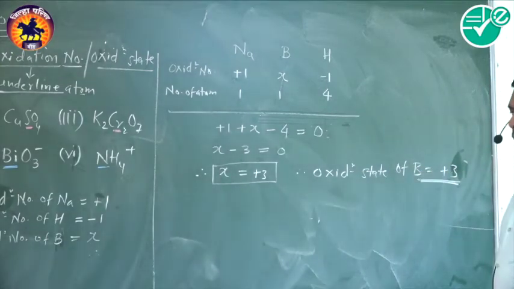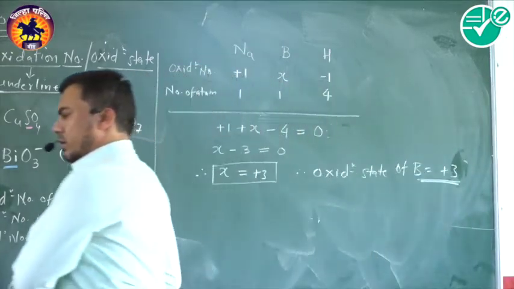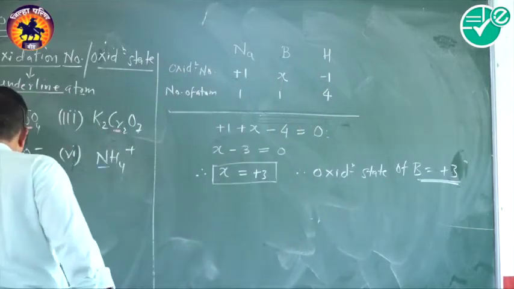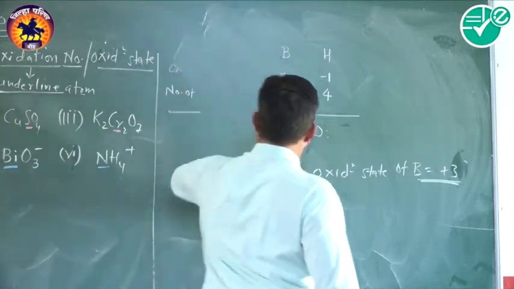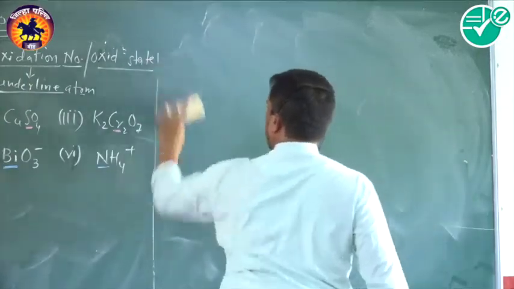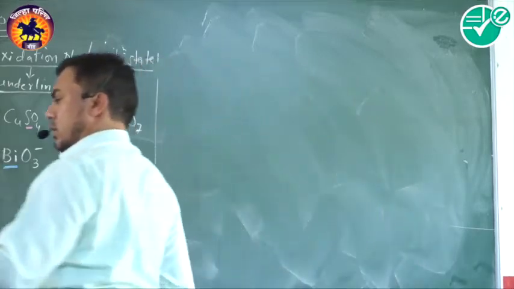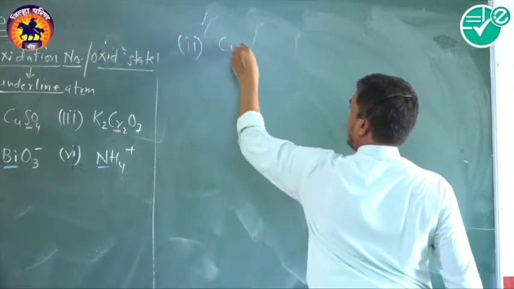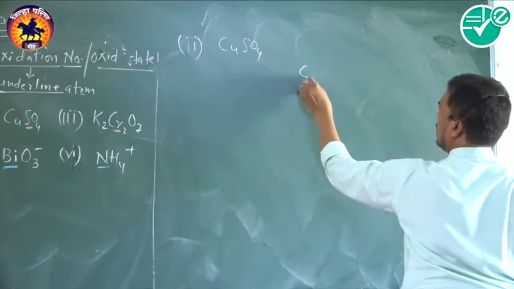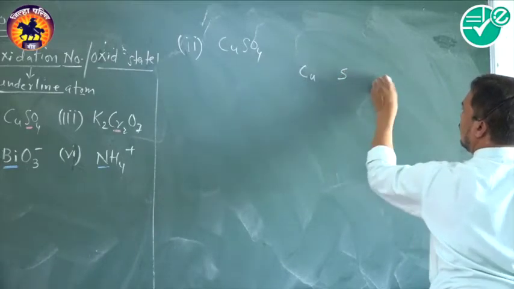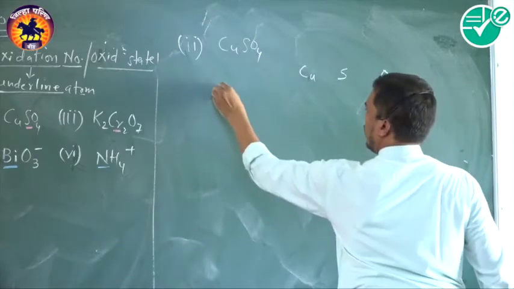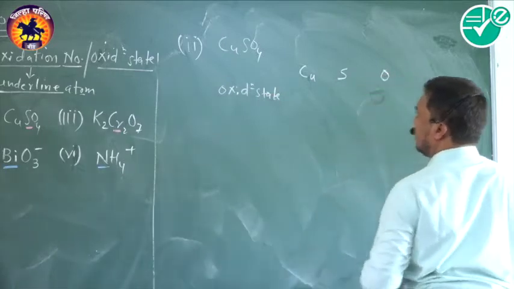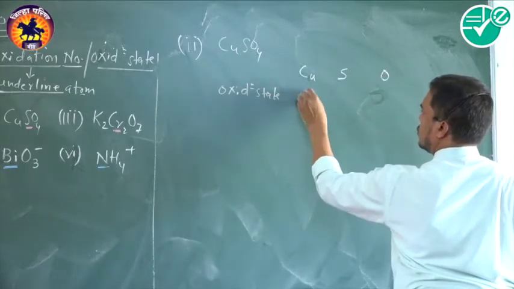So in this way, we can calculate the oxidation number of other underlined atoms. We'll move to the next, number 2. We have to calculate in this way the oxidation numbers of other underlined elements of compounds. Number 2, copper sulfate. We have 3 elements: copper, sulfur, oxygen. The oxidation state of copper, as we know, is +2.